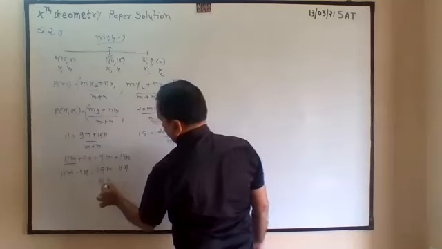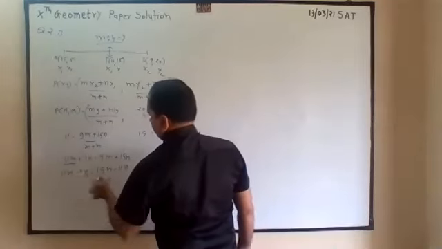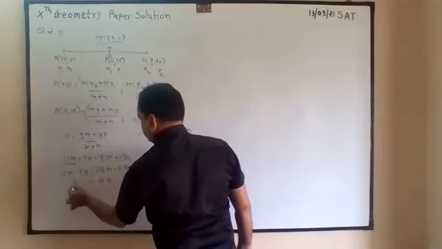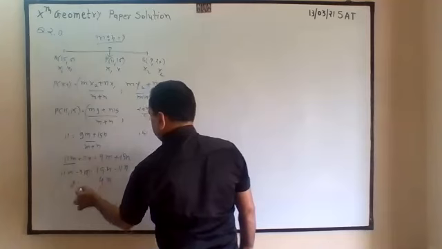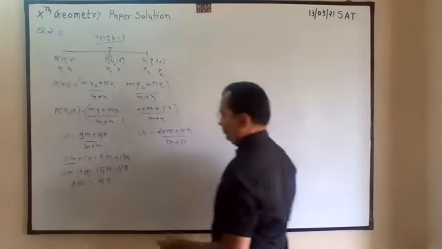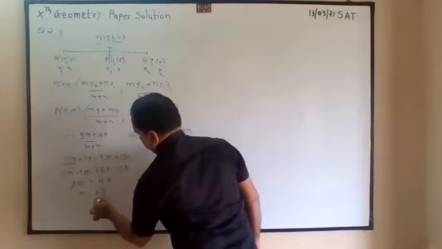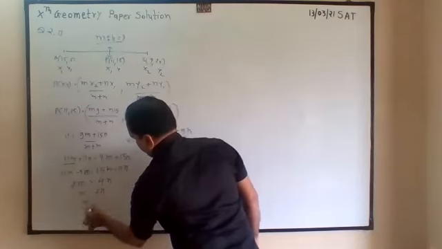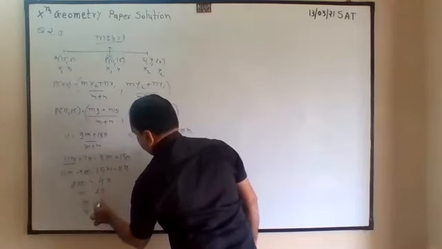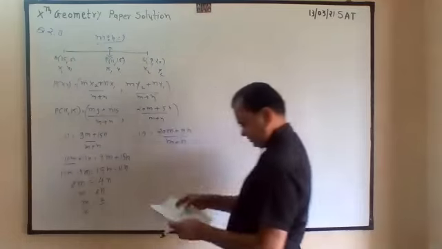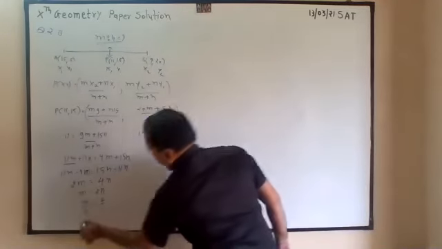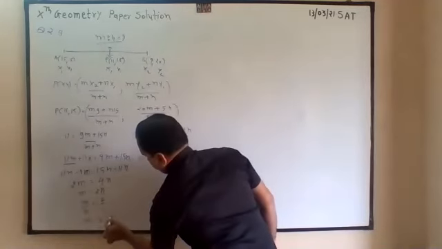So this is 4n. This is 2m. Cut with 2. So m by n is equal to 2 by 1. So m:n is equal to 2:1.